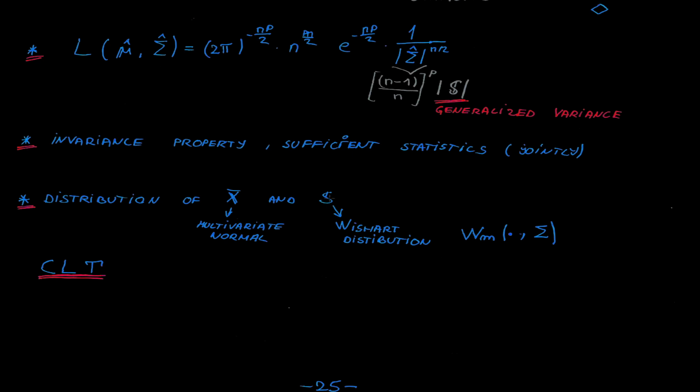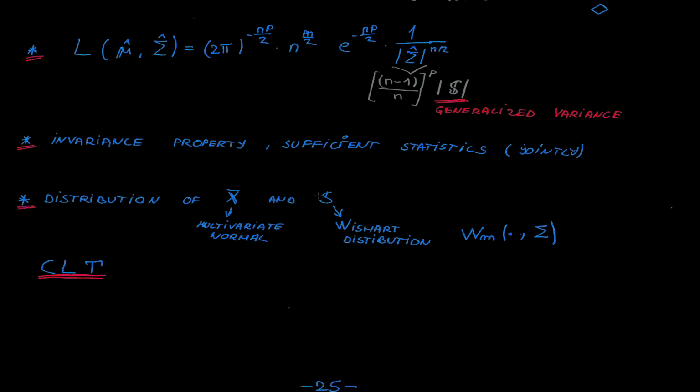So actually, not S, but n minus 1 times S will have a Wishart distribution, depending on the notation, with, for example, p minus 1 degrees of freedom, or if we have n minus 1, then n minus 1 degrees of freedom. Same as in the univariate case, where we had n minus 1 S, but only a chi-square distribution, not Wishart.